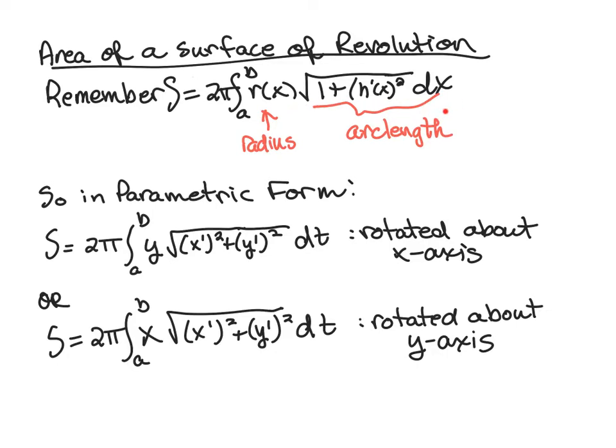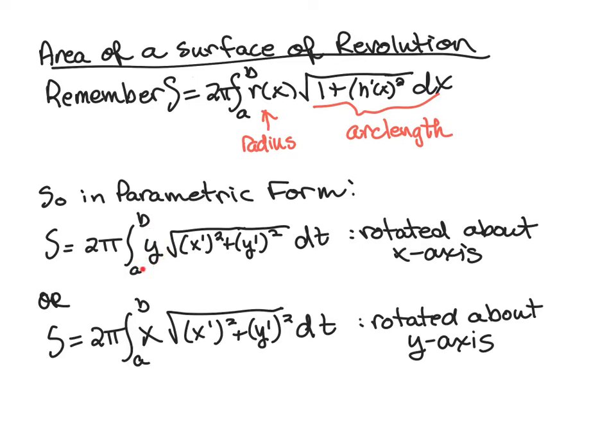So if you're rotating about the x-axis, now that we're in parametric form, the arc length is now this. We had dx/dt squared, dy/dt squared. But if we're rotating about the x-axis, think about it. If we're about the x-axis, the radius is just the y value. So this is not a y that we're plugging in.